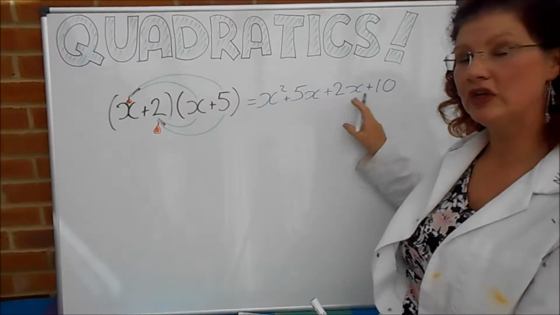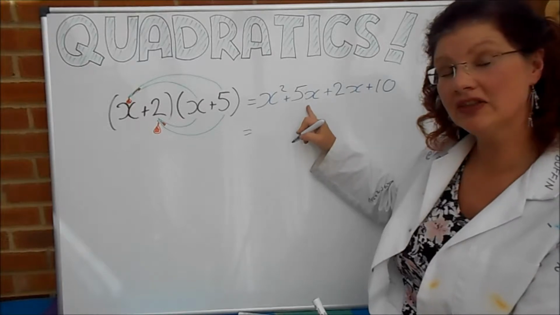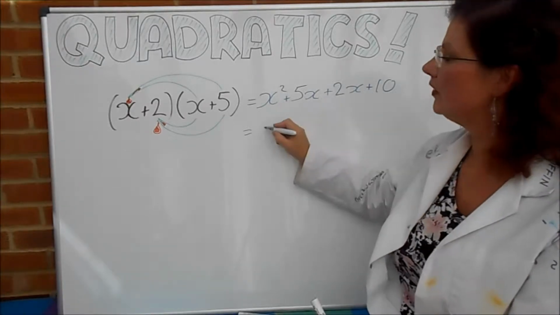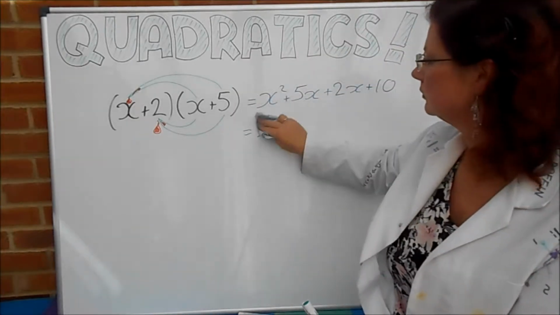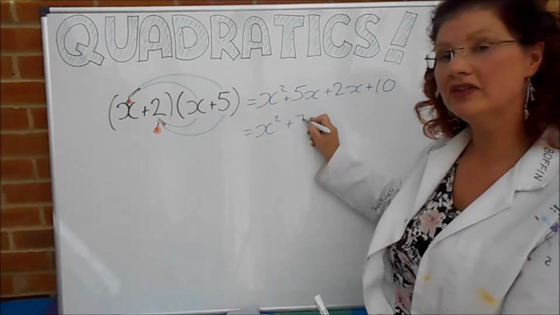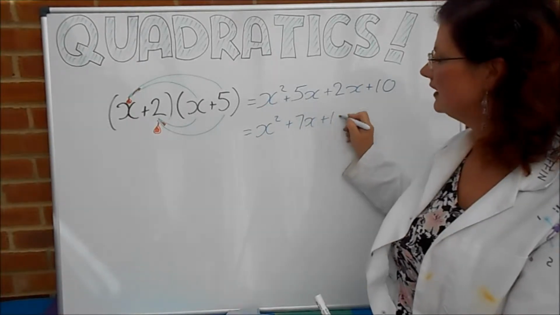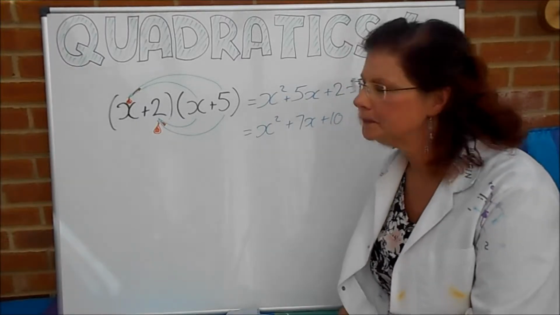So there's our 4 terms, hence the term quadratic, and they simplify because we have an x term and then another x term. So all in all we get x squared plus 7x plus 10. Okay, so hopefully that seems reasonable to you.